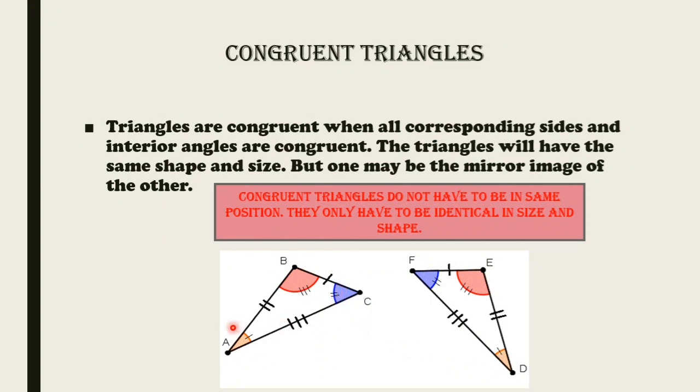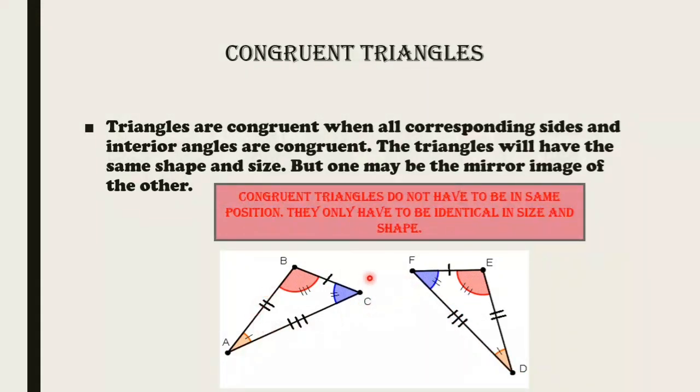Angle A is equal to angle D, angle B is equal to angle E, and angle C is equal to angle F. This is how the angles are equal. Similarly, side AB is equal to side DE, side BC is equal to side EF, and side AC is equal to side DF.